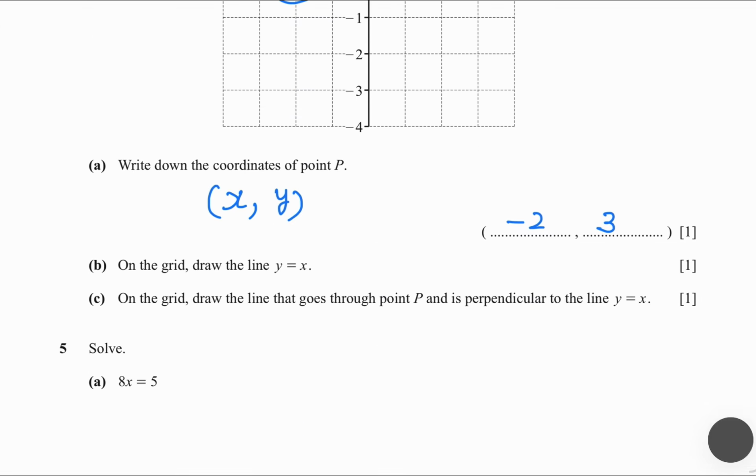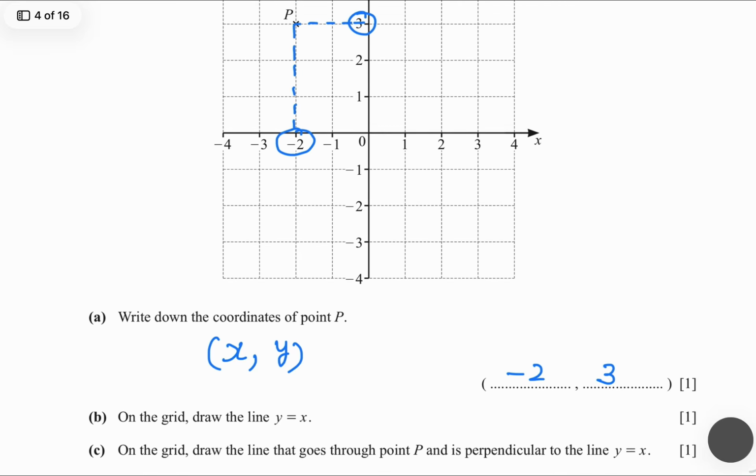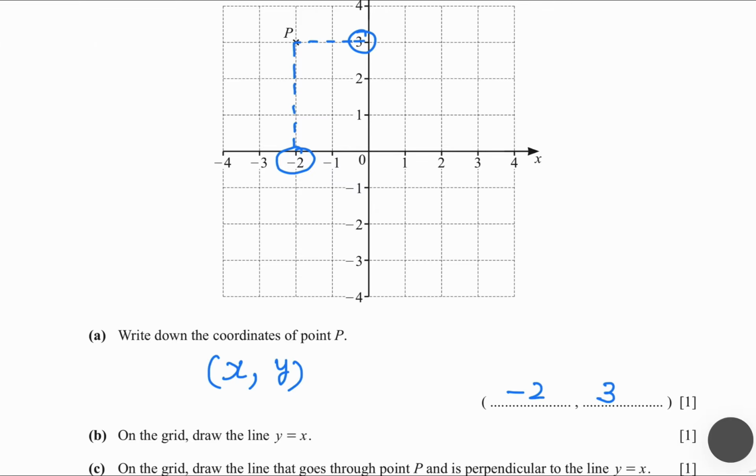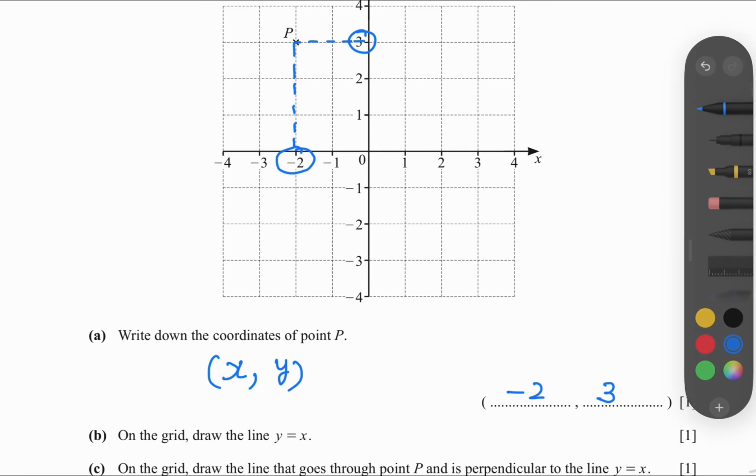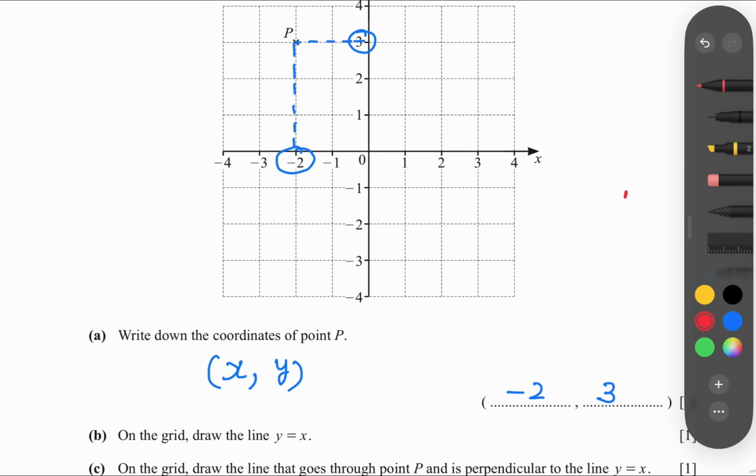Now part B, on the grid draw the line y equals x. y equals x means whatever we get the value of x, the same is value of y. When x is 1, y is 1, right? x is 1, y is 1, x 2, y 2, x 3, y 3.